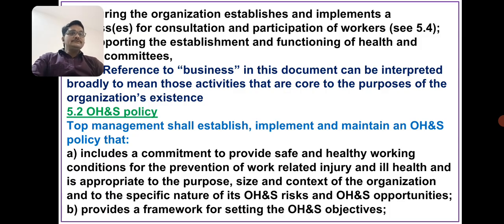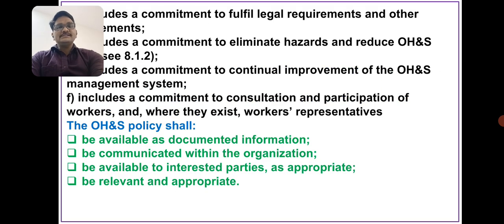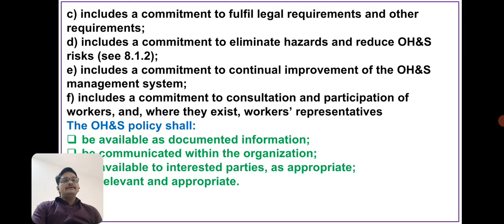that includes a commitment to provide safe and healthy working conditions for prevention of work related injury and ill health. And second is to provide a framework for setting the OHS objectives. And that includes a commitment to fulfill legal requirements and other requirements.